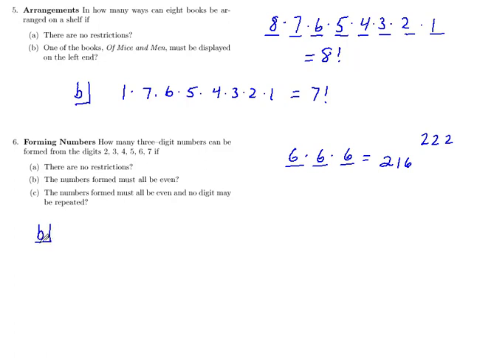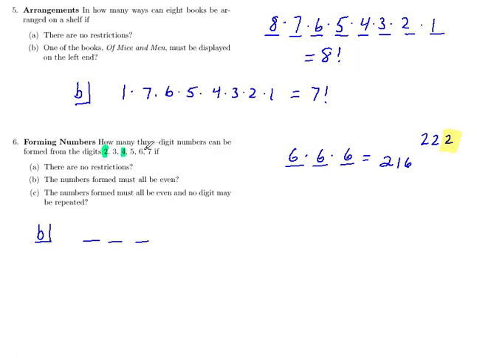Now Part B says the numbers formed must all be even. For a number to be even, look back at the 222. The reason I know this is an even number is because the very last digit is even. So if my number has to be even, look at the digits I'm starting with.